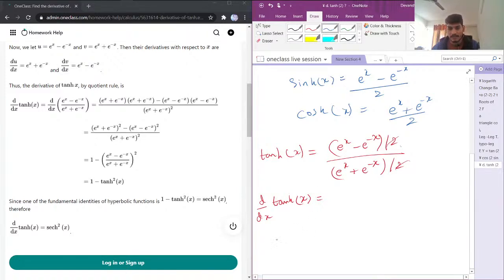It was d/dx of u by v, where u and v are functions of x, which will be v times d/dx of u minus u times d/dx of v over v square.